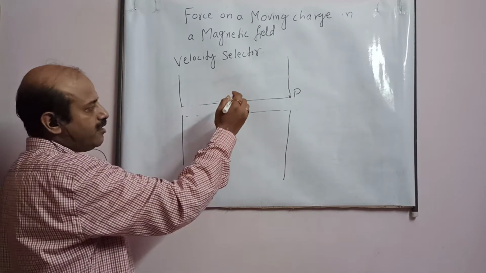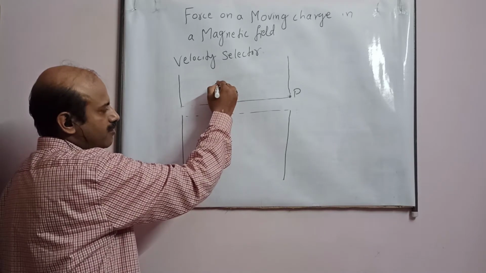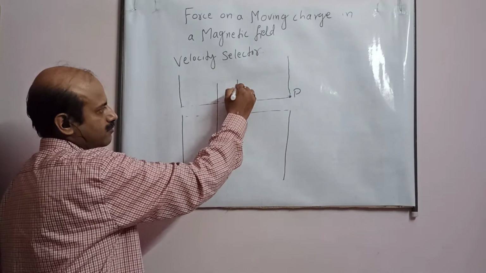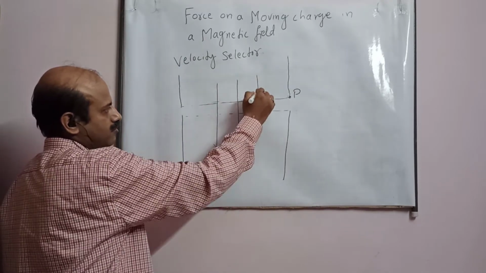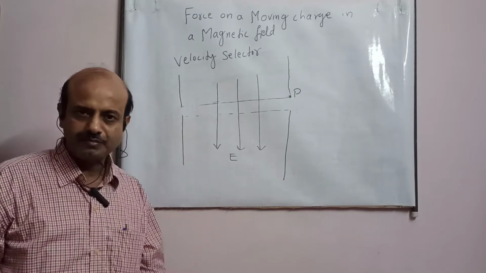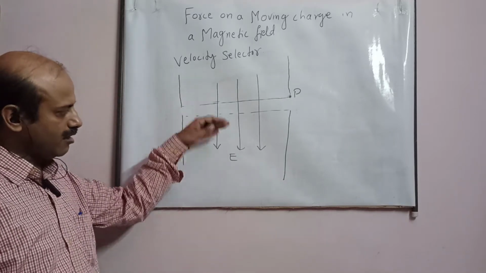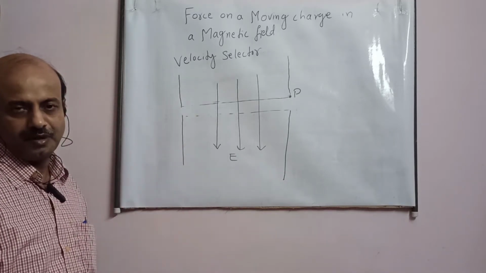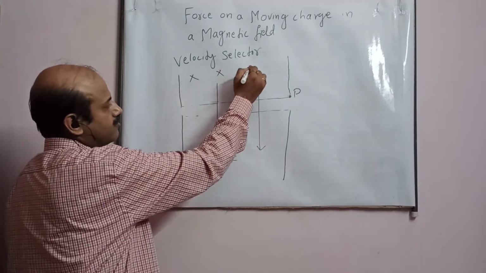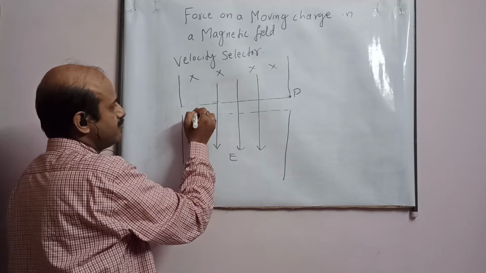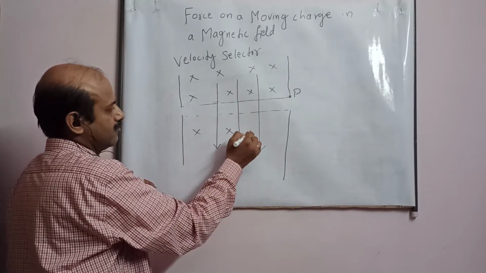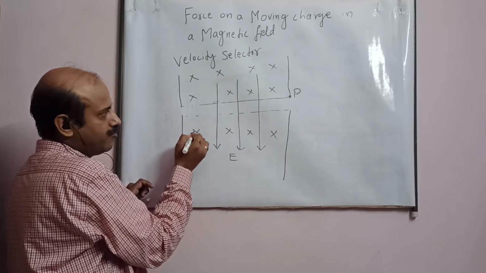Suppose in this region there exists an electric field, okay, student, which is in the downward direction, and also there is a magnetic field. Already I told you the meaning of this.